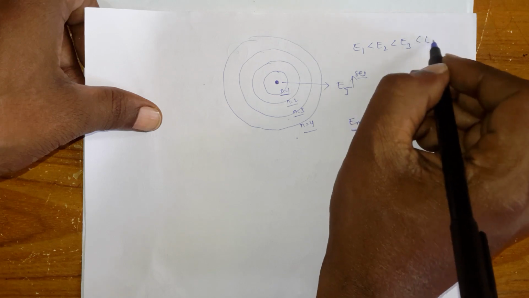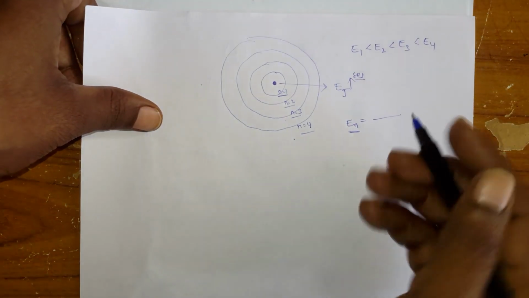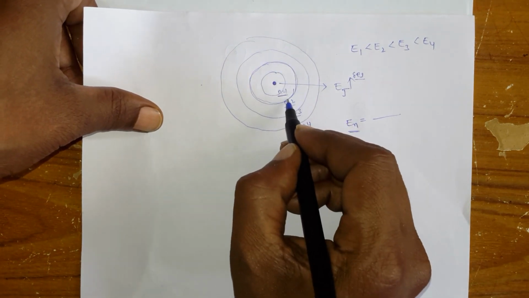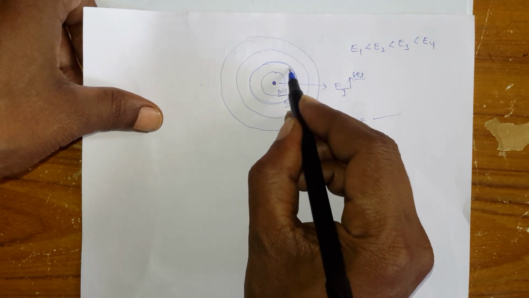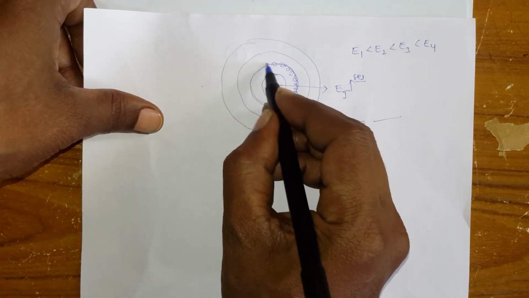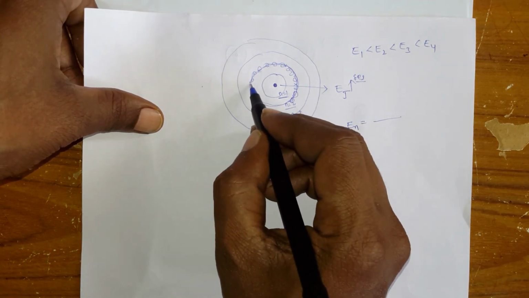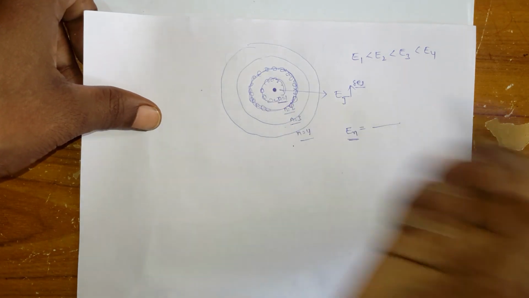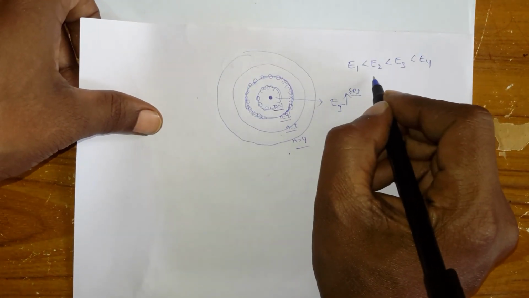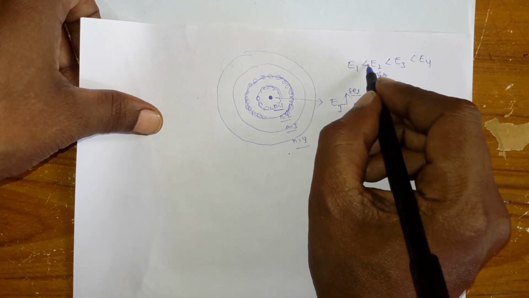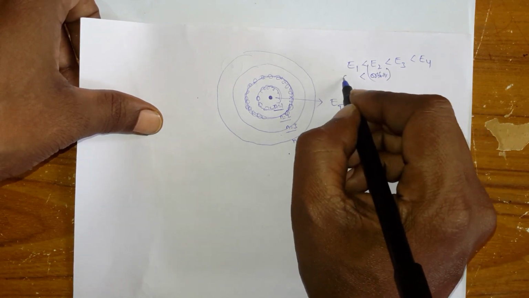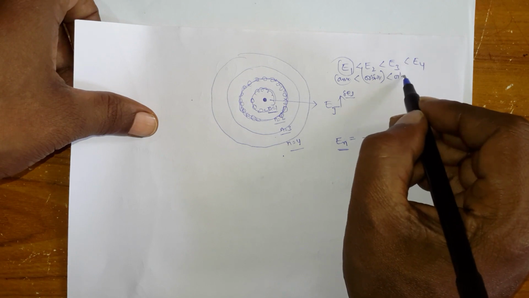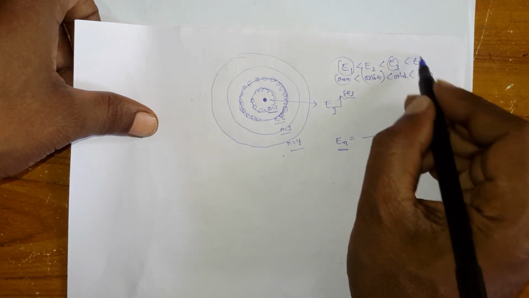Obviously the orbitals present in a shell also have energy greater than those in the previous shell. So the orbitals present in the second shell have greater energy than the orbitals in the first shell, and similarly for the third shell and the fourth shell.